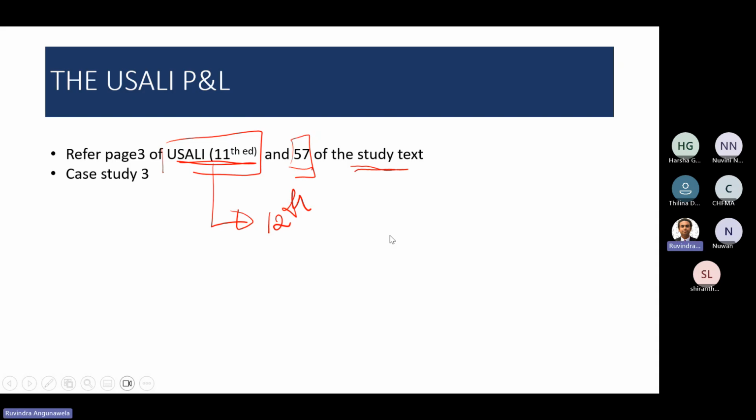Okay, I don't know whether it's visible or not. Do you see the P&L on screen? The profit or loss statement or uniform system of accounts for hotel industry? Do you see that? Not yet, sir. Not yet.